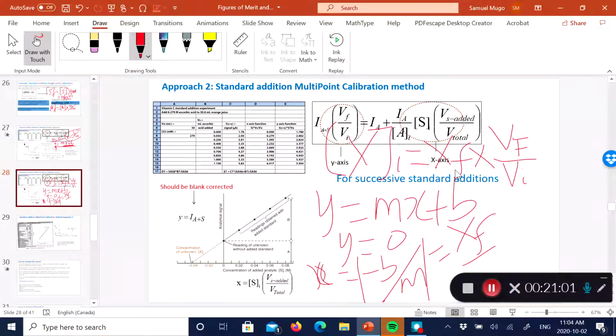You get the x-intercept multiplied by the concentration factor, which is the total volume of the solution divided by the volume of the analyte that you added into each of the volumetric flasks. Okay, so that's the next approach of doing multi-point standard addition calibration.